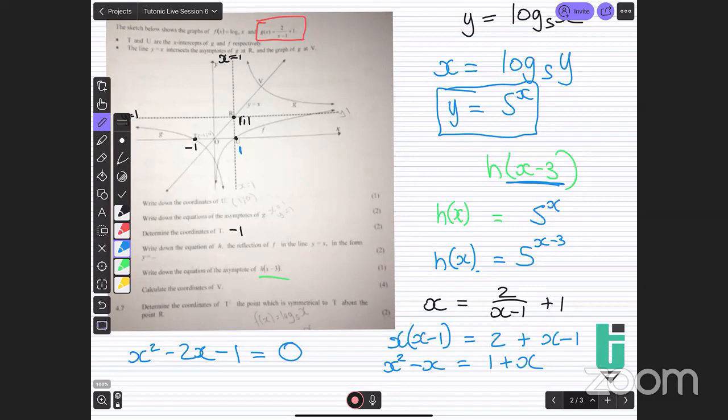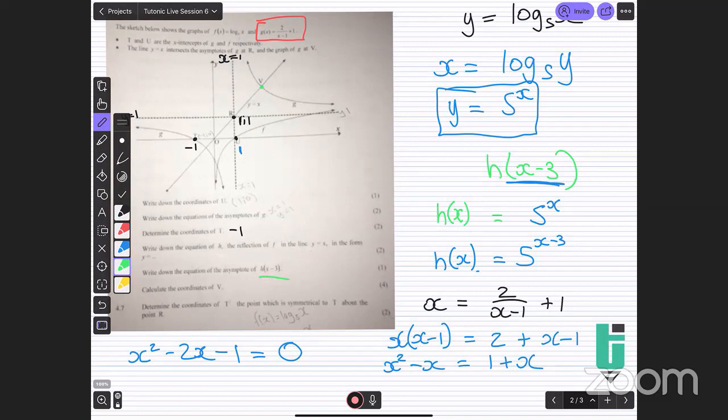So I got 2,4. Why do you get 2 answers? Because it's a trinomial, a parabola. They intersected at 2 points. There's an intersection by the O there, and then there's an intersection by V. So you are supposed to get 2 answers.